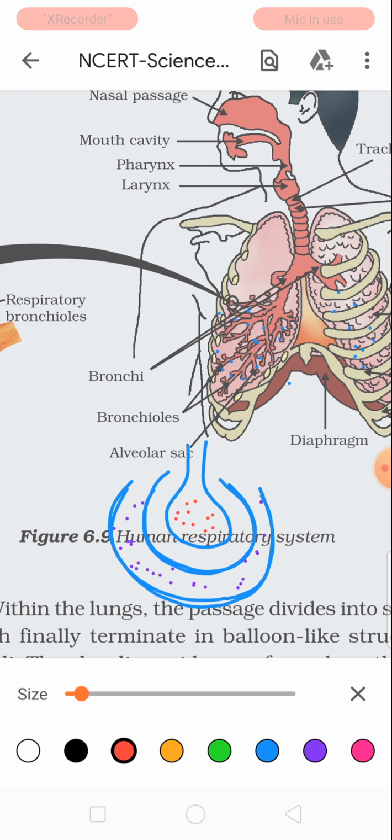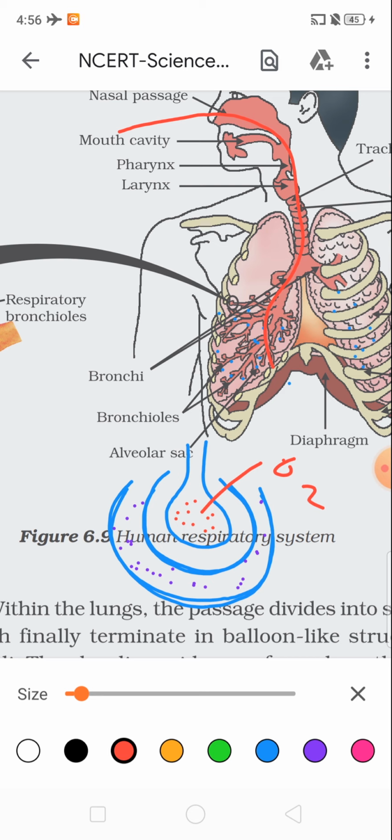So we have the gases over here. In this alveolus we have oxygen. Why? Because from here the air enters into your alveolar sac. So the alveolar sac will have oxygen, and the capillary will have carbon dioxide.